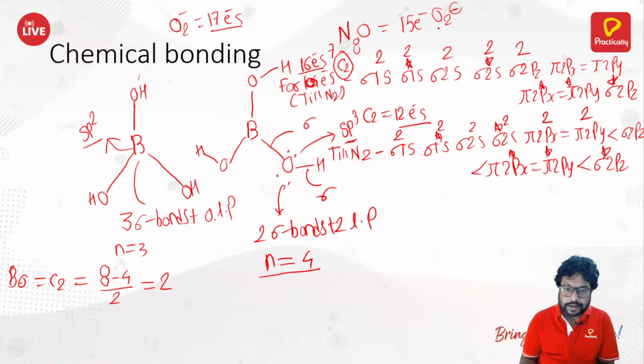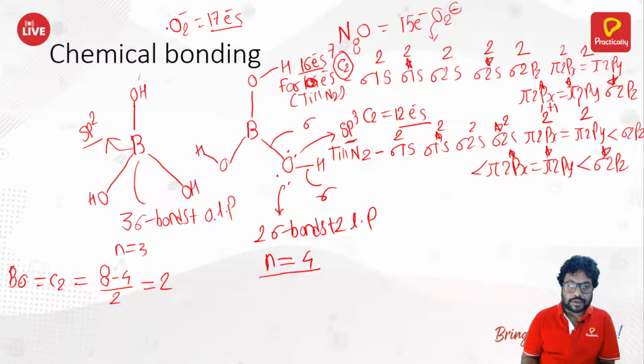O2 1 minus: 2 electrons, 2, 2, 2, 10, 12. Then you got 14. Then you got 15, 16, and 17.